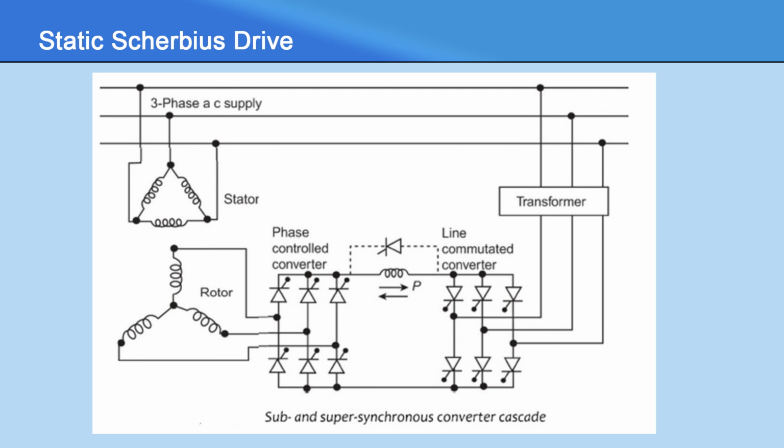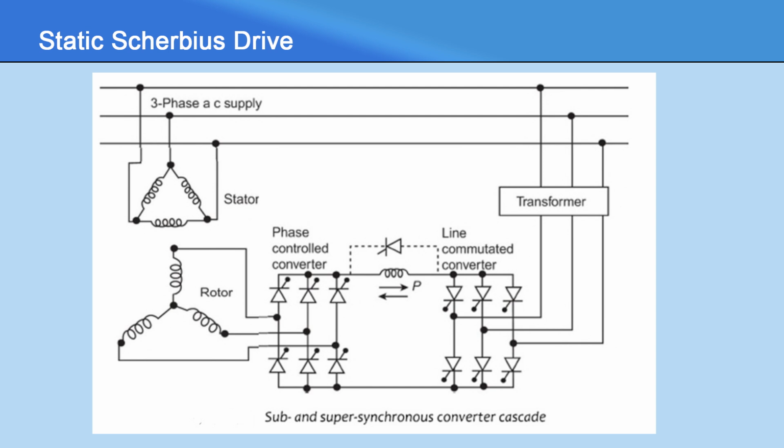It consists of a slip ring induction motor, two phase control bridges, a smoothing inductor and a transformer as shown in the figure. For subsynchronous speed control, bridge 1 has firing angle less than 90 degree, whereas bridge 2 has firing angle more than 90 degree.